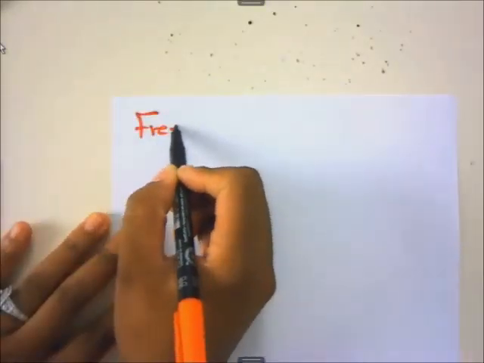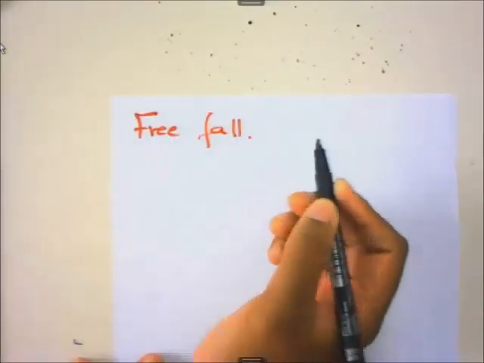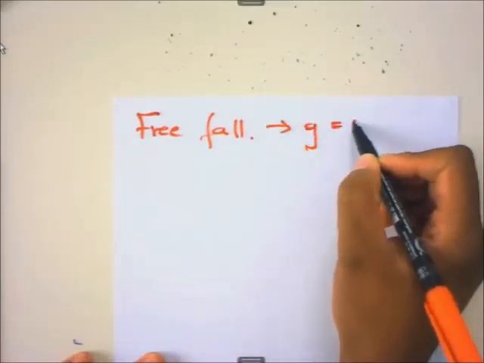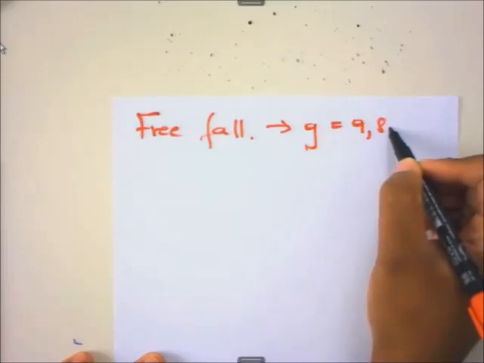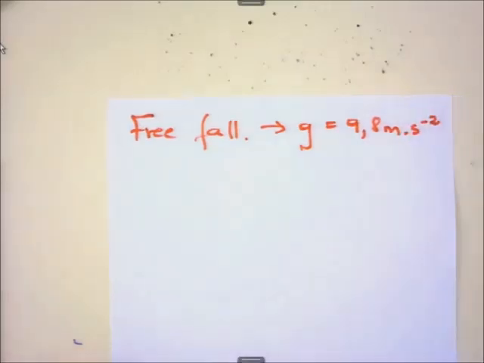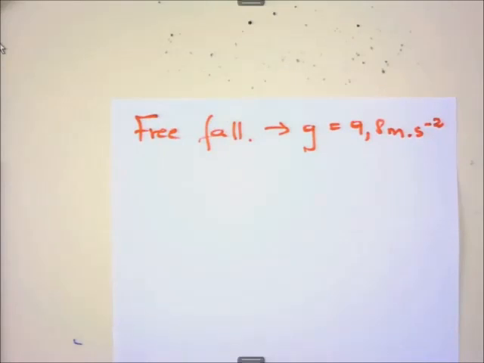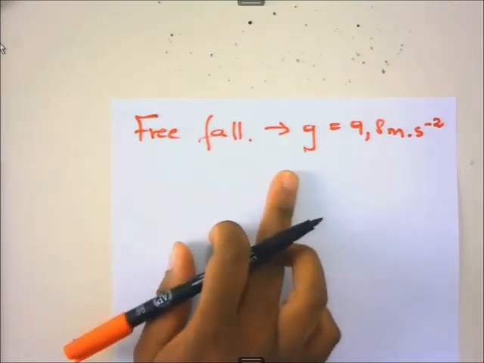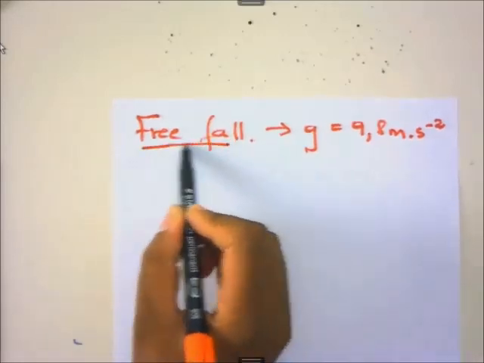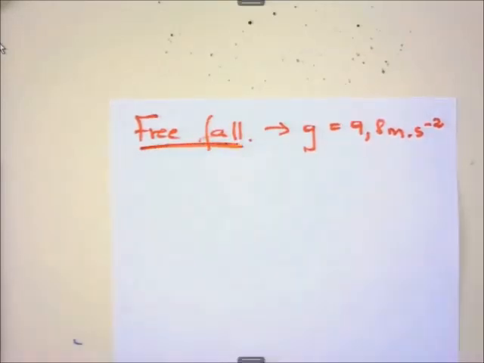Then I talked about free fall, when the object is in a free fall state. This means that our acceleration, or g, will be constant, and the magnitude of acceleration will be 9.8 meters per second squared. The magnitude of g does not change. It remains constant, provided that the motion is in a free fall state.